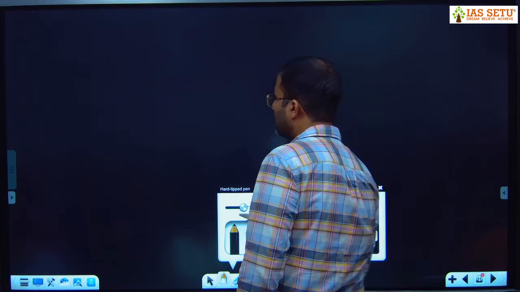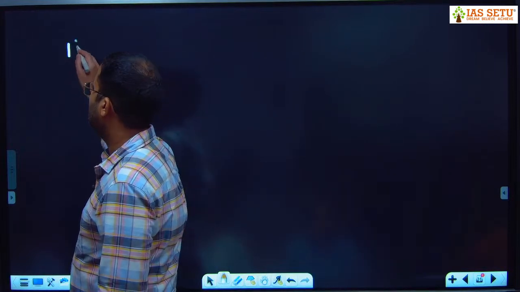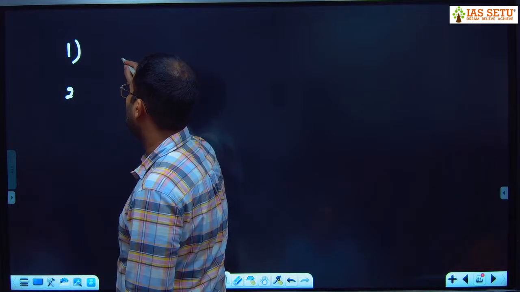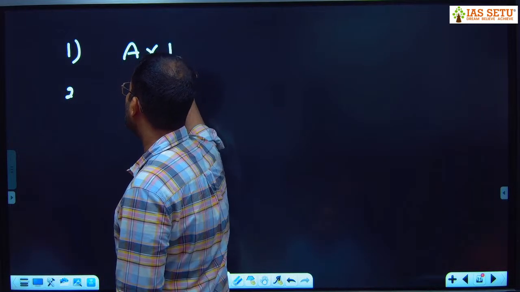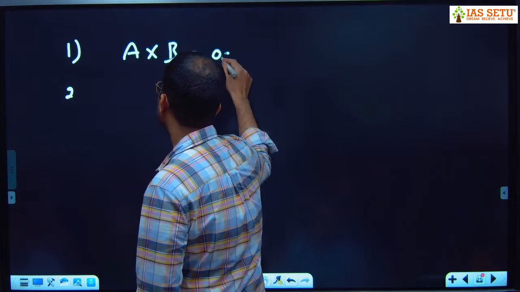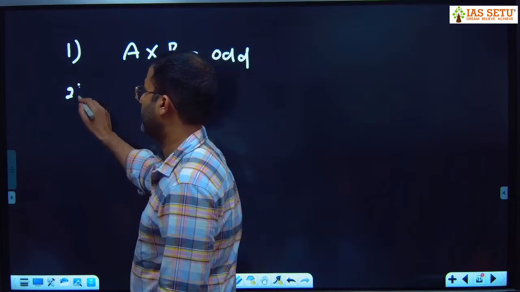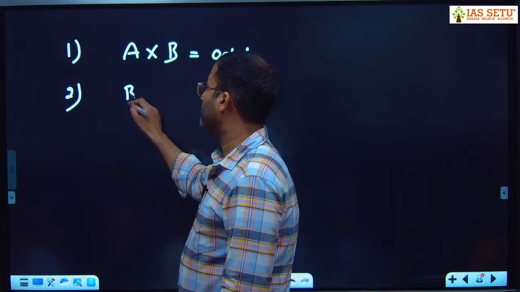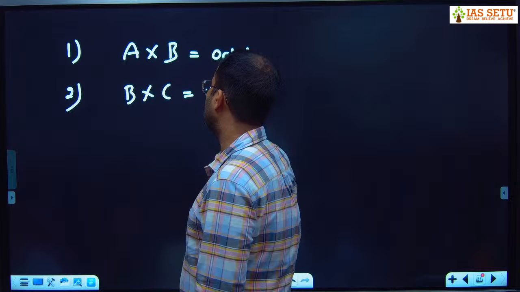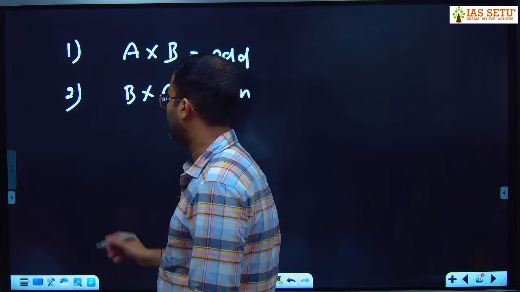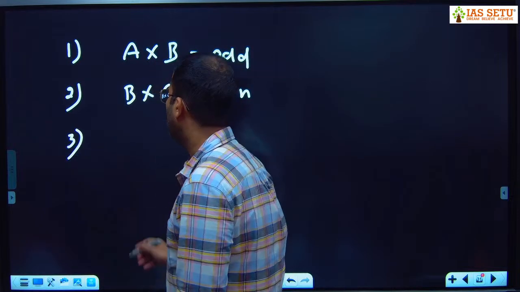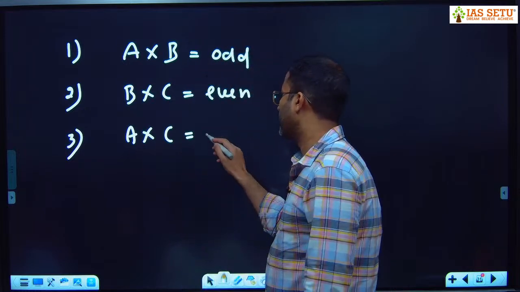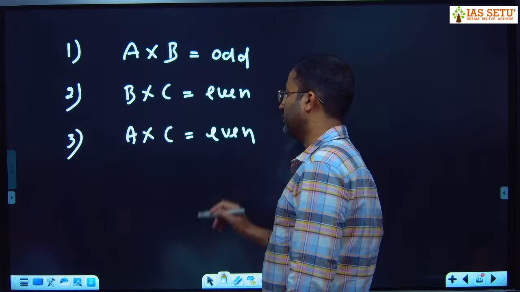Let us try this concept. Statement number 1. A into B is equal to odd, B into C is even, A into C is even.